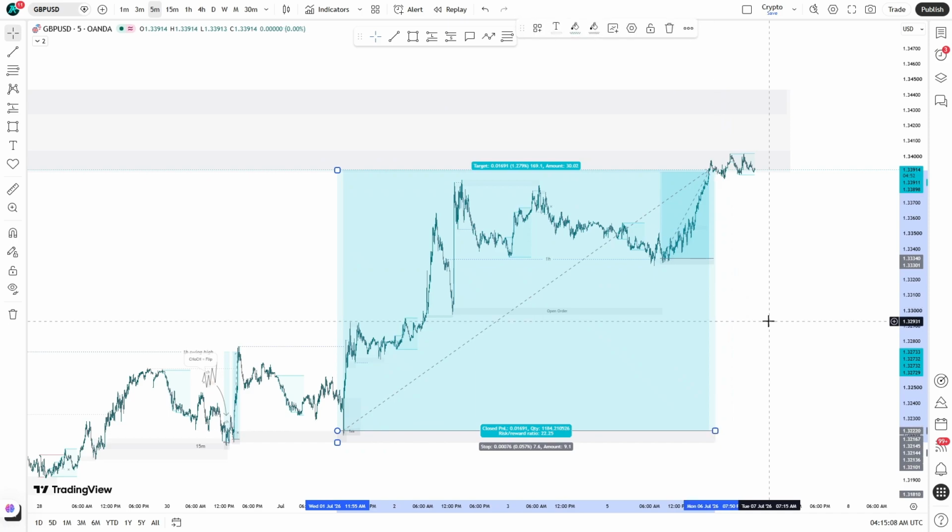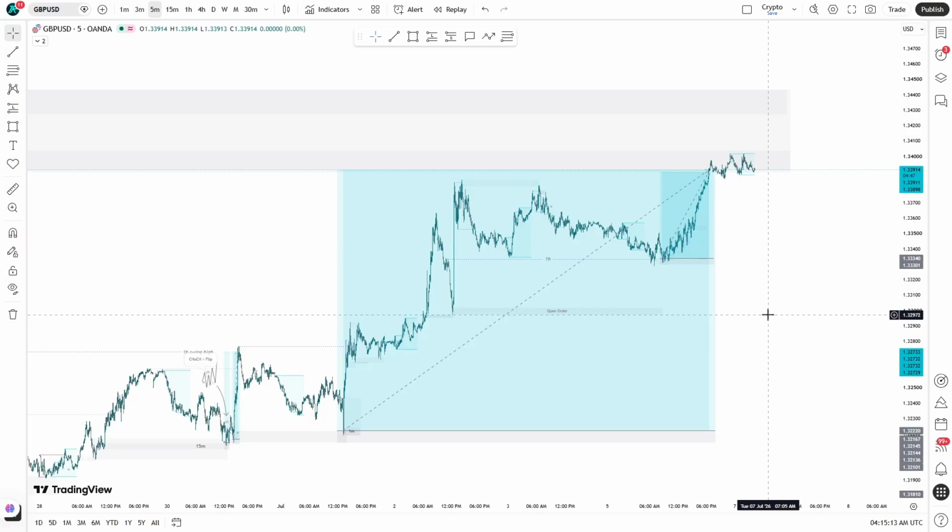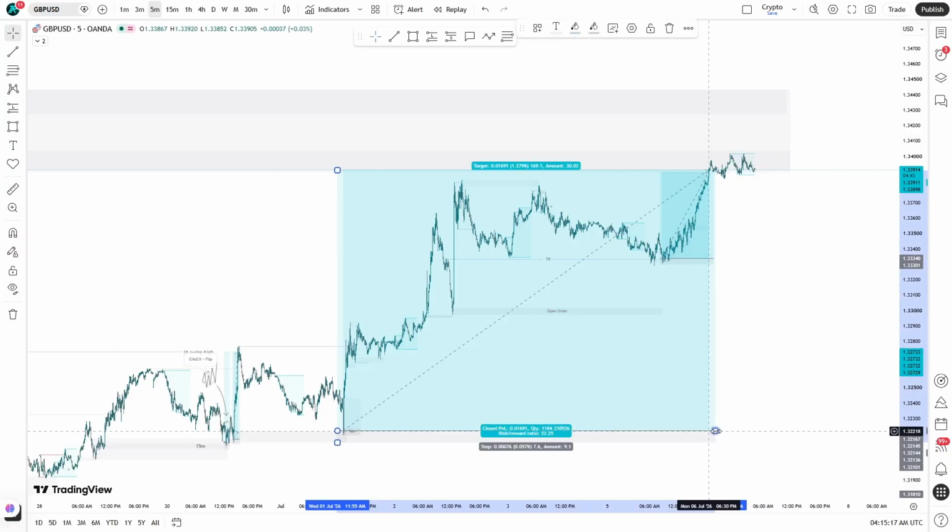Okay, not 1 is to 27, 1 is to 22. So as we extended it, we held the trade to that point, and we get a total risk to reward ratio of 1 is to 22.